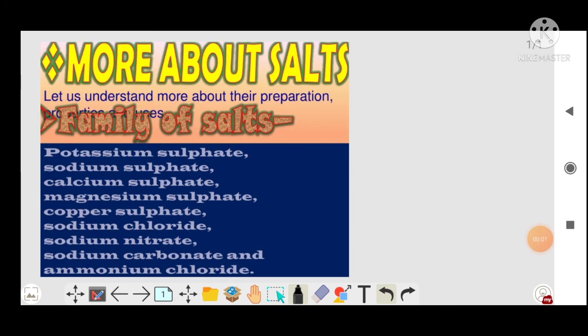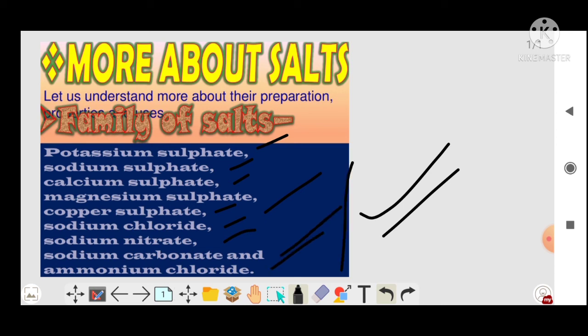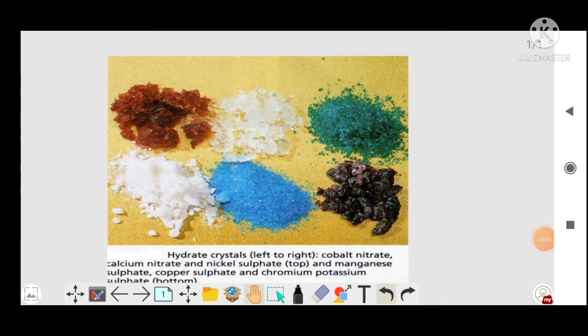ओके, मोर अबाउट सॉल्ट्स। ओके, यहाँ पे देखो फैमिली ऑफ सॉल्ट्स क्या क्या है। पोटेशियम सल्फेट, सोडियम सल्फेट, कैल्शियम सल्फेट, मैग्नीशियम सल्फेट, कॉपर सल्फेट, सोडियम क्लोराइड, सोडियम नाइट्रेट, sodium carbonate and ammonium chloride. These are the family of salts. Okay, these all are salts.